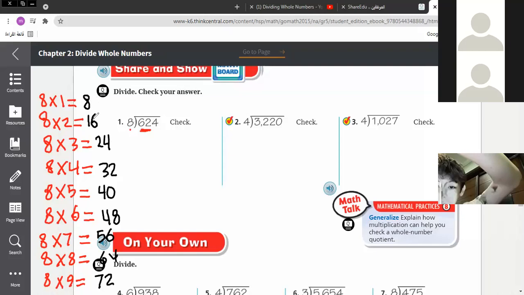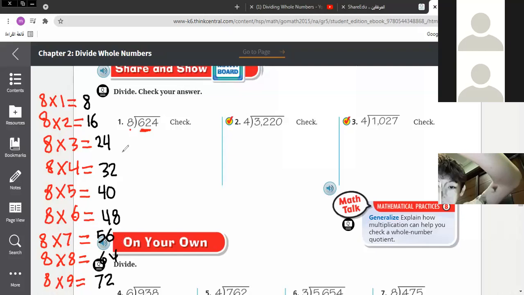What number from the black numbers here is near to 62, but not bigger than 62? 56.